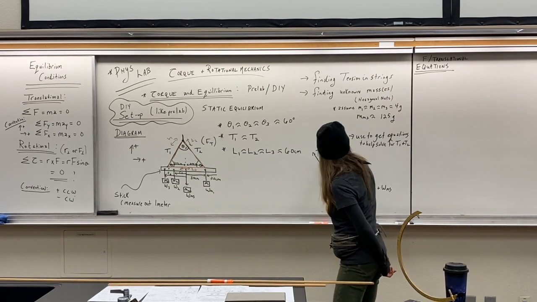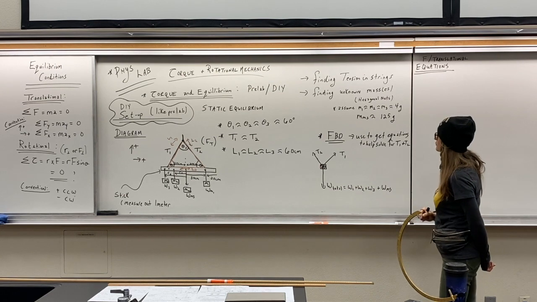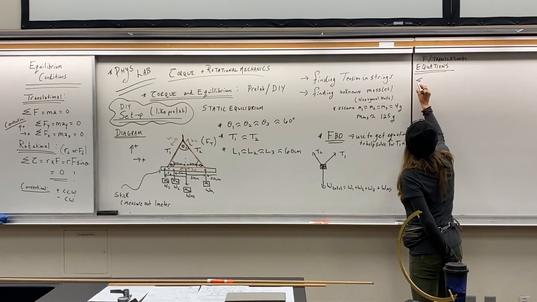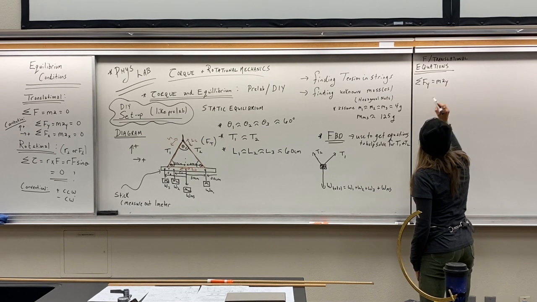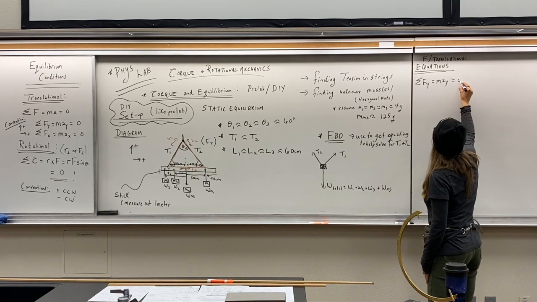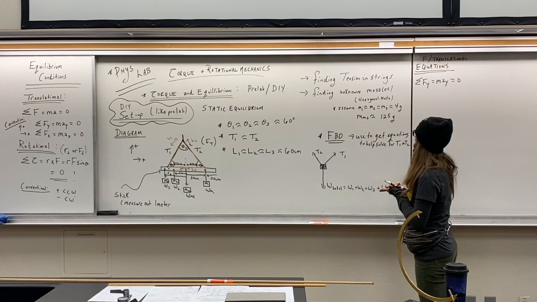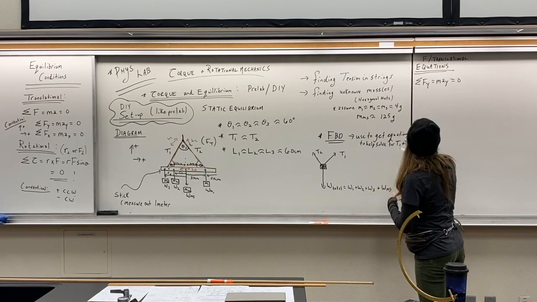From my translational forces, I will have the sum of all my forces in the vertical direction equal MAY, and that needs to be 0 to be in equilibrium, which is what we're trying to achieve here.